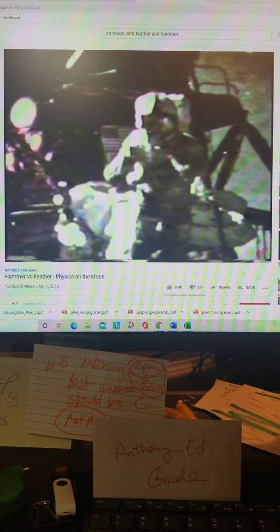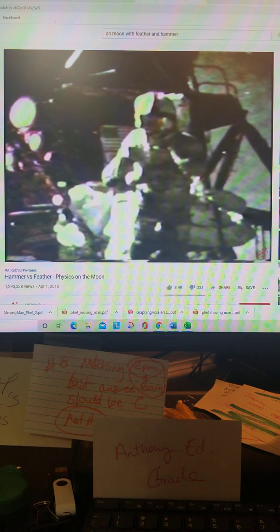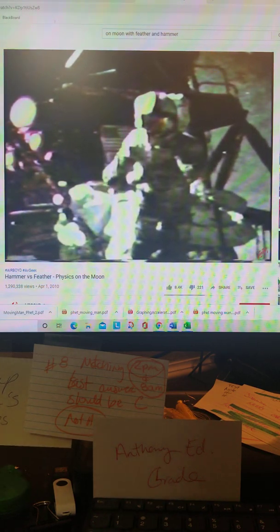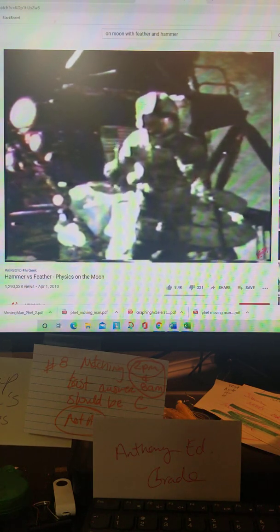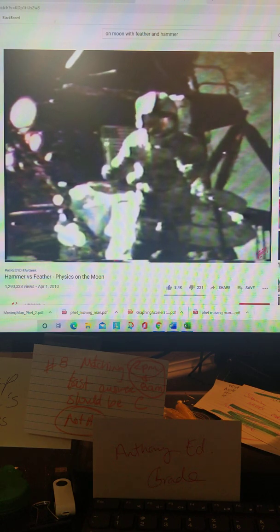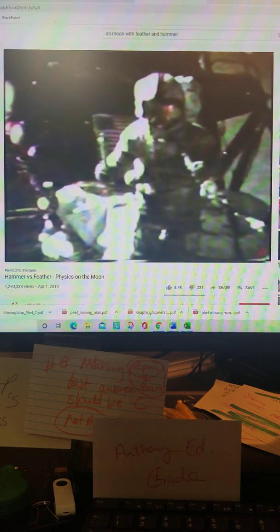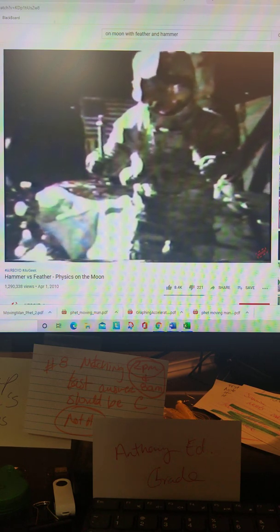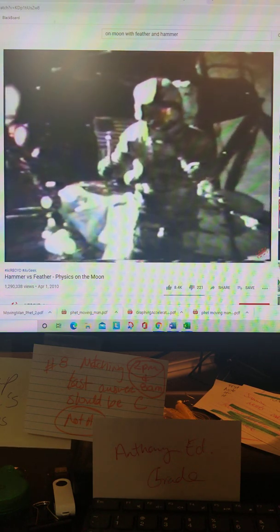Well, in my left hand, I have a feather. In my right hand, a hammer. And I guess one of the reasons we got here today was because of a gentleman named Galileo a long time ago who made a rather significant discovery about falling objects in gravity fields. And we thought that where would be a better place to confirm his findings than on the moon.